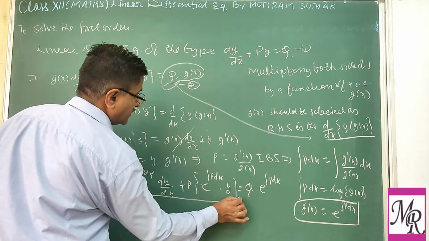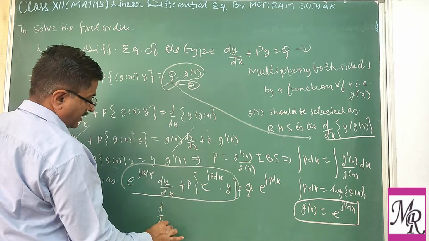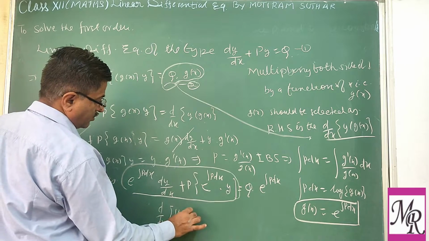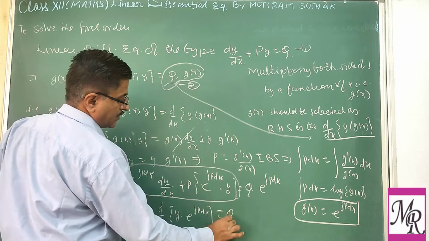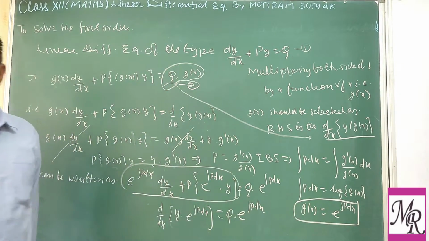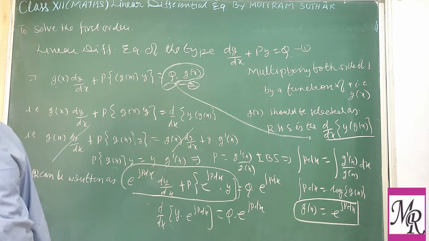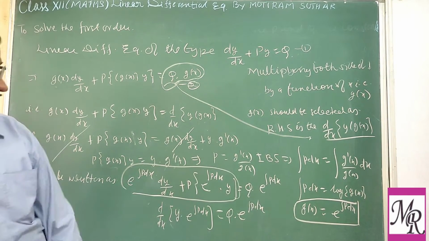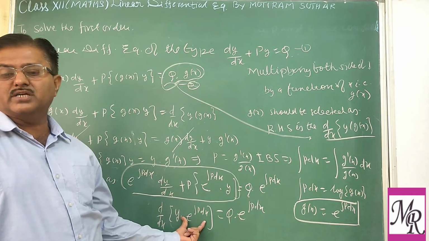Now you can say the left side can be written as d by dx of y into e to the power integration of p dx. If you see the left side, it can be written as d by dx of the product of two functions.